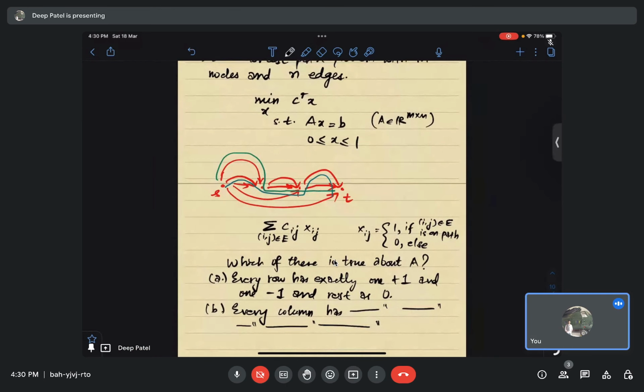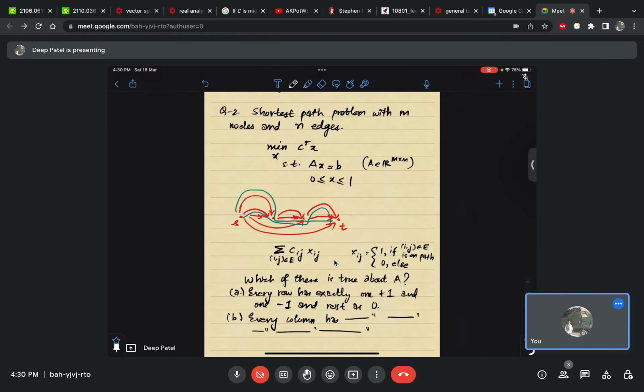So any thoughts on this? Yeah, so B will be true, right? B will be true, okay, but why is that so? Because if I look into a particular column, that shows the nodes that are incident on that edge.